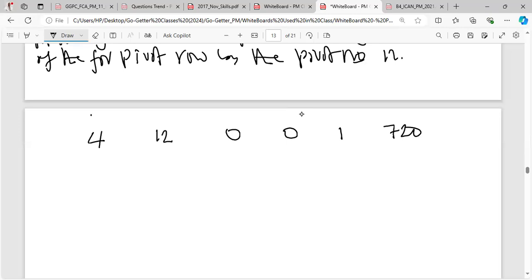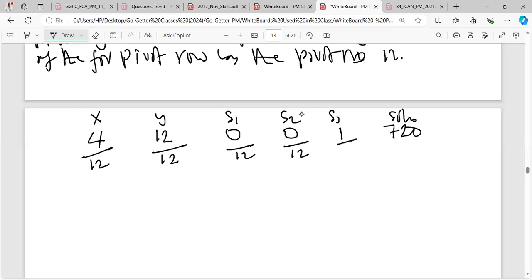Of course, this is X, this is Y, this is S1, this is S2, this is S3, this is the solution. So we are going to divide this by 12, divide this by 12, divide by 12, divide by 12, divide by 12, divide by 12.